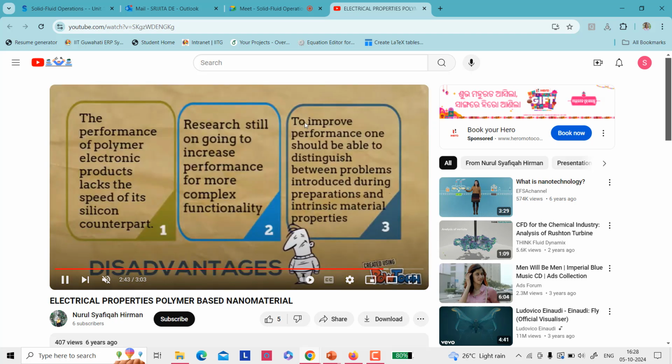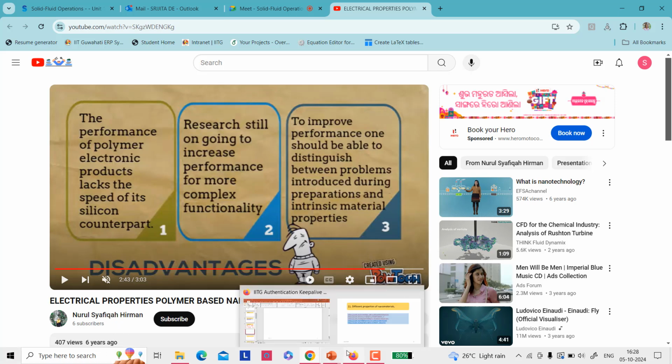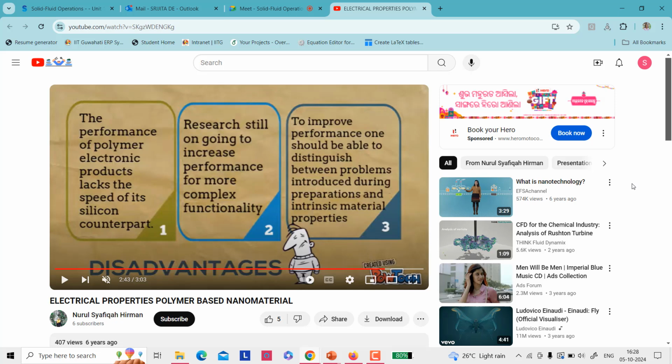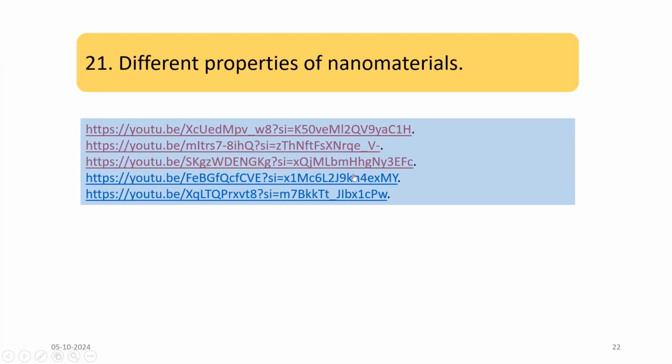This is the optical properties. Optical property also we have seen. So in macro, this is gold color, but in nano, this is a red solution.